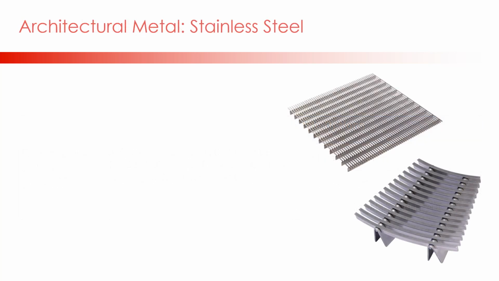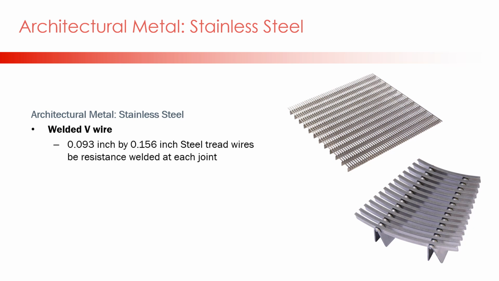The first option in entrance grilles are stainless steel products. There are two construction methods, which include: 1. Welded V-wire with the wire welded onto support wires that vary between 3/8 inch and 1 1/8 inch depth, or 2.